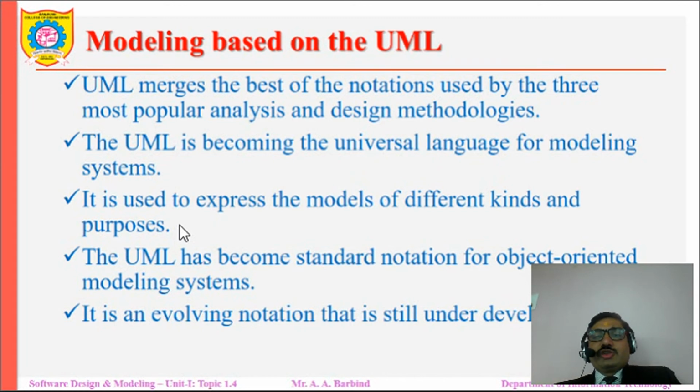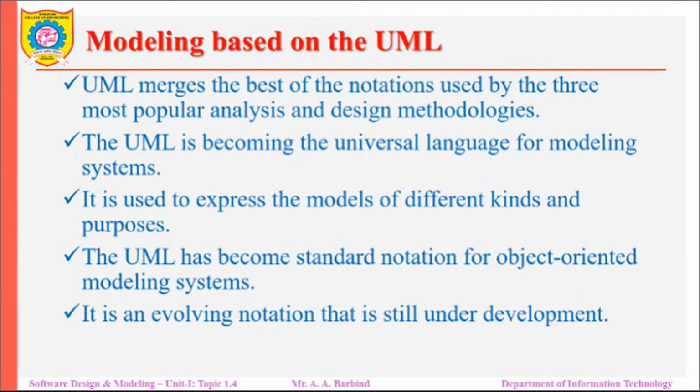It is used to express models of different kinds and purposes. UML has become the standard notation for object-oriented modeling systems. It is an evolving notation that is still under development. So the unified approach uses this UML, that is Unified Modeling Language.